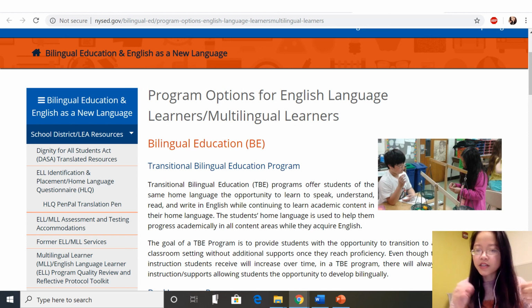English as a new language, you can understand, is the monolingual form that we discussed before, whereas bilingual education as a weak form in New York State has a lot of transitional bilingual education programs available in different districts. You can read about the mission, the intention, and what the teaching sequence is going to look like.